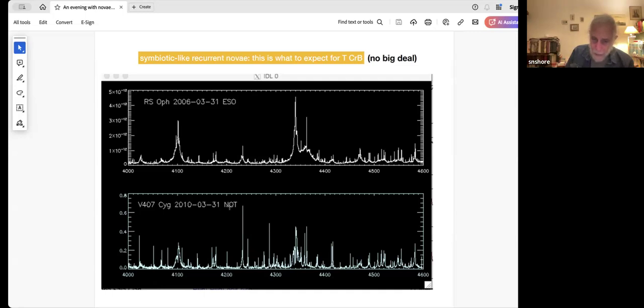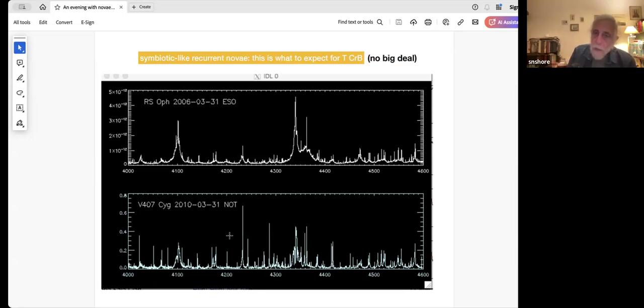Every spike that you see, and look at the correspondence here, every spike is real. Those are forbidden lines. That's because when the flash goes off, the whole environment ionizes. You won't see this in a classical nova because the environment is just space. But this is the wind of the companion.